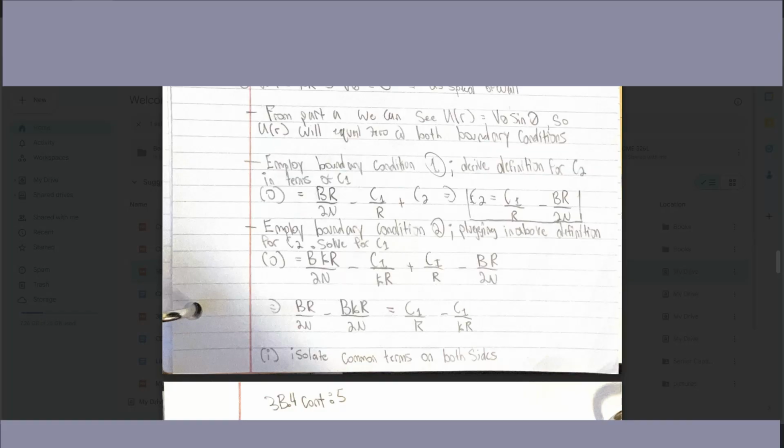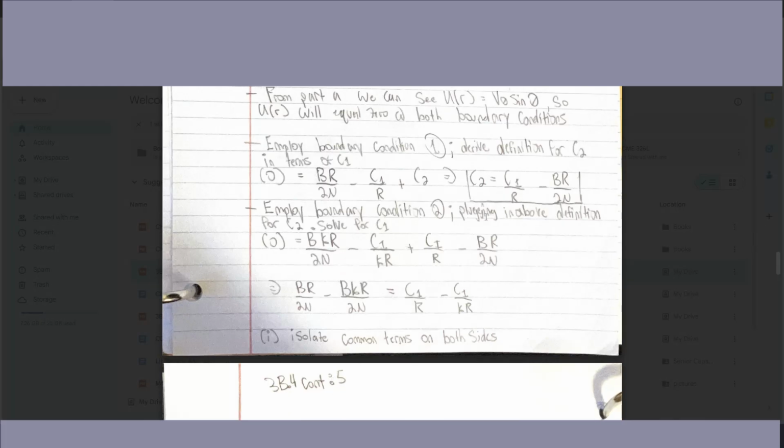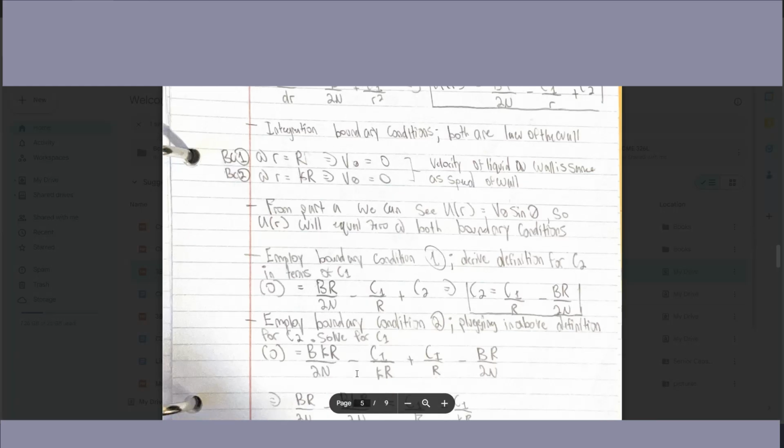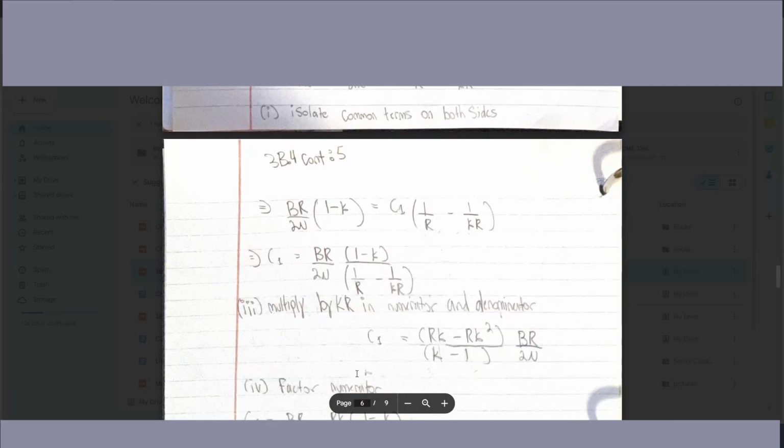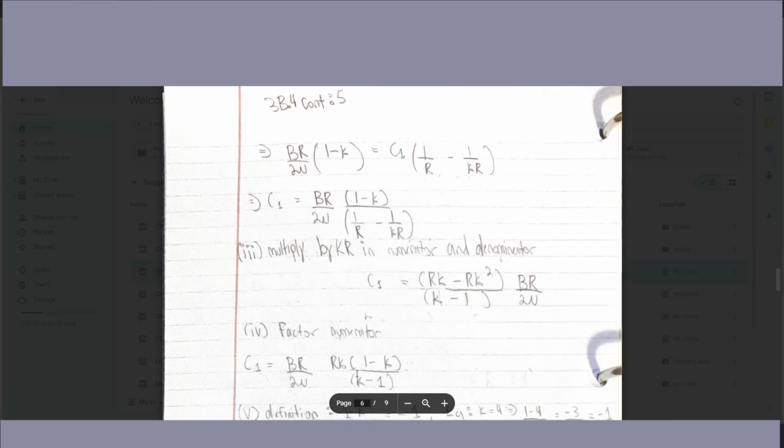I plugged in C2 for this equation, it looks like, before I even did anything. So I just plugged in this for here in this boundary condition. So now you just solve for C1. And there's my algebra, and C1 equals that.